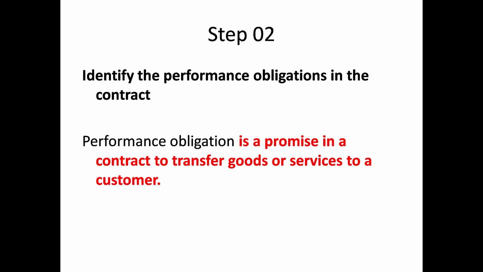Now we'll take our example. In that example, you have promised to supply 10 hand sanitizer bottles within 1 week of the placement of the order. That's the performance obligation.